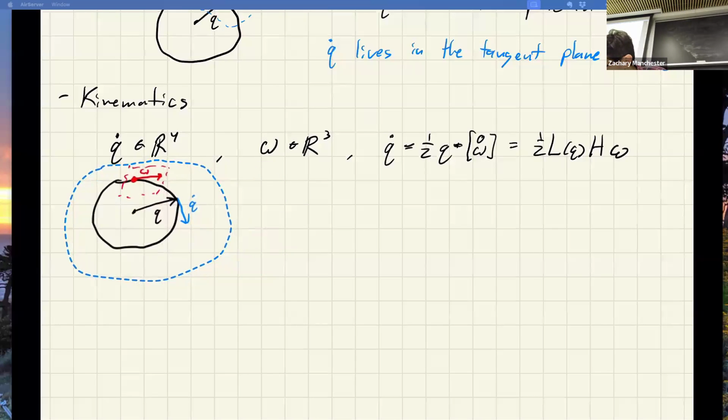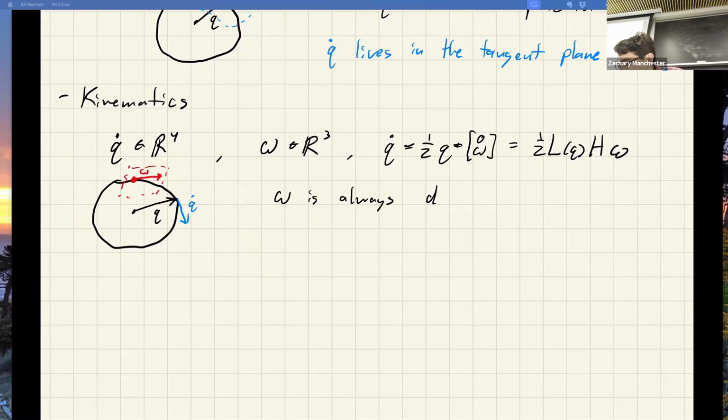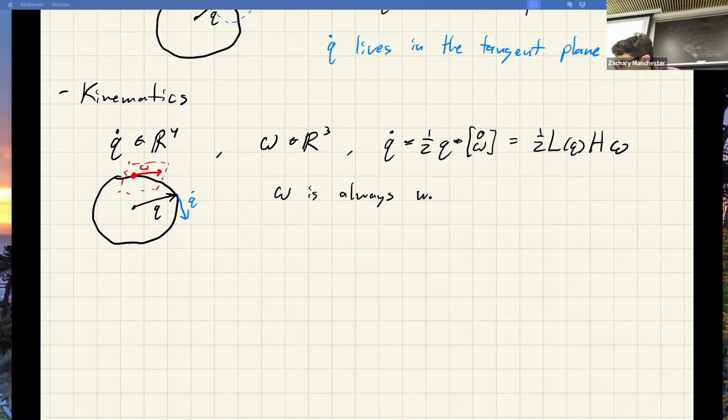Let me move this over here and write this down. Omega is always written in the tangent plane at the identity.